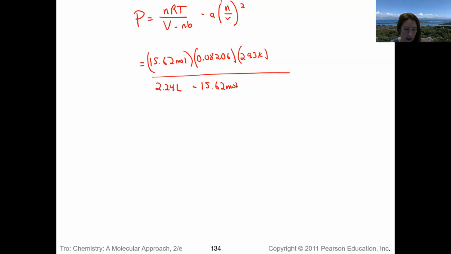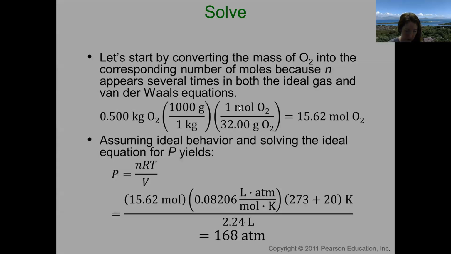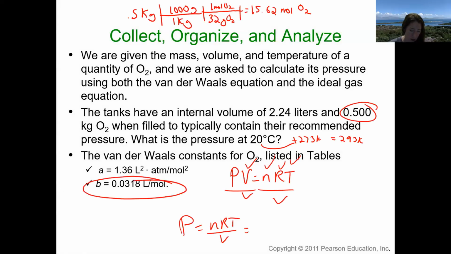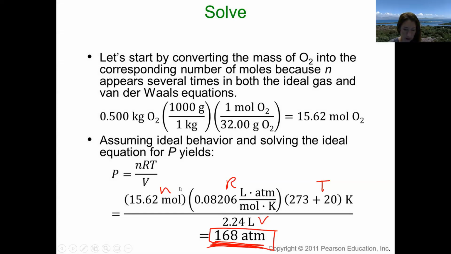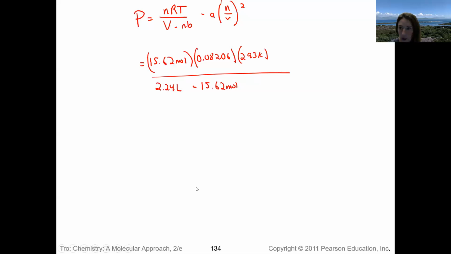And then I don't remember what b is. Hold on, I gotta go back. b is 0.0318, times 0.0318. And I'm sure there are units there, but I'm not going to write them down.